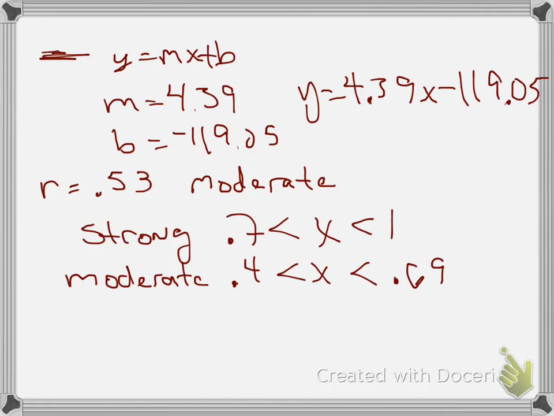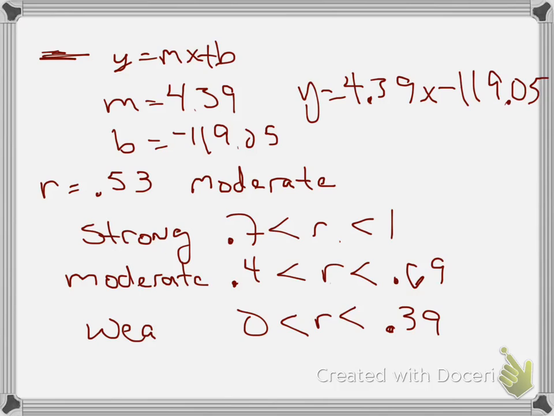I guess I should put that as R, not an X. R. And weak is between 0 and 0.39. Alright, so that's that. How can I tell a correlation coefficient?